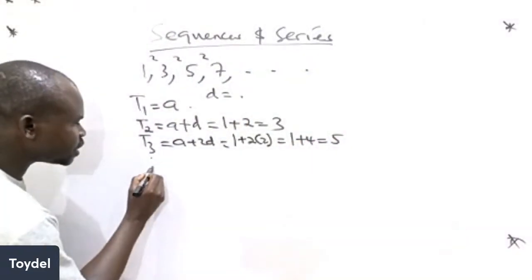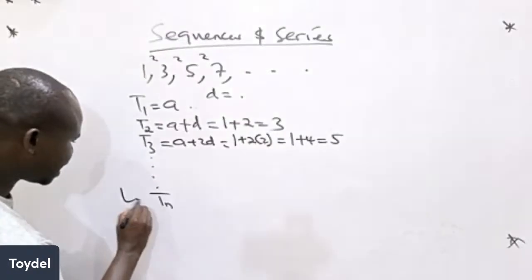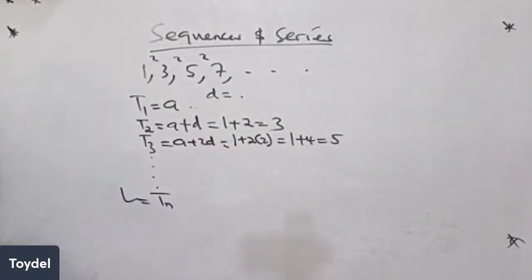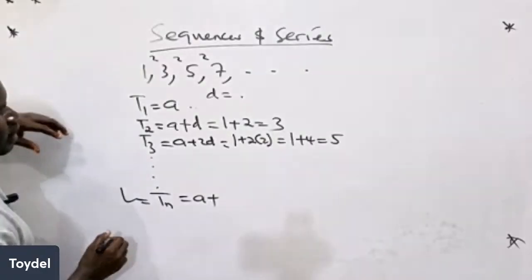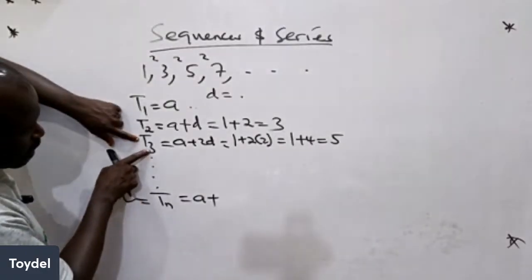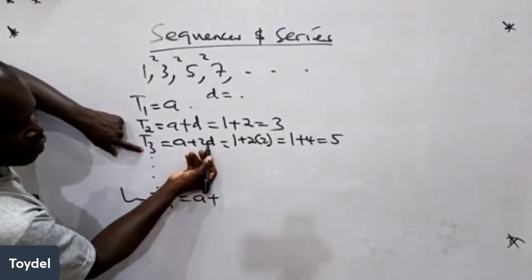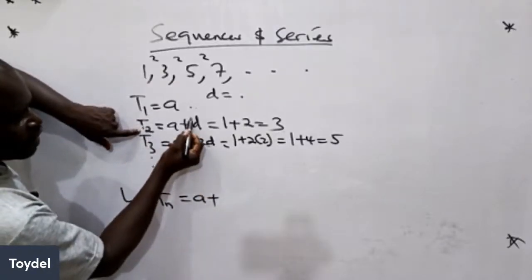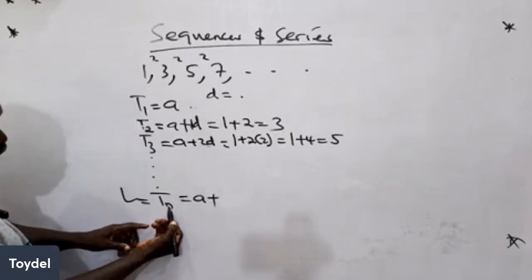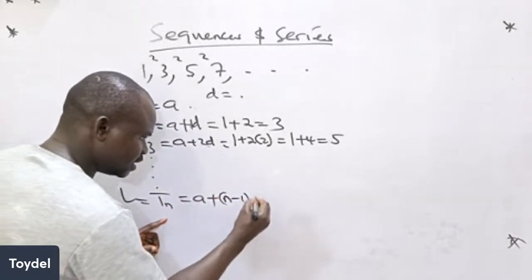If we continue in this order, then the last term, which is called the nth term, will be given as a plus: look at it, when you have the third term, the coefficient of d is 2. When you have the second term, the coefficient of d is 1. So the coefficient of d will be n minus 1.